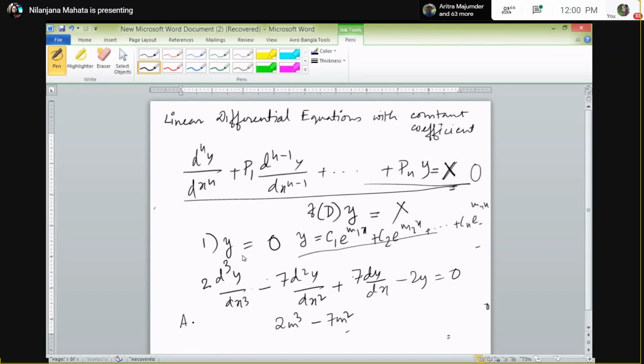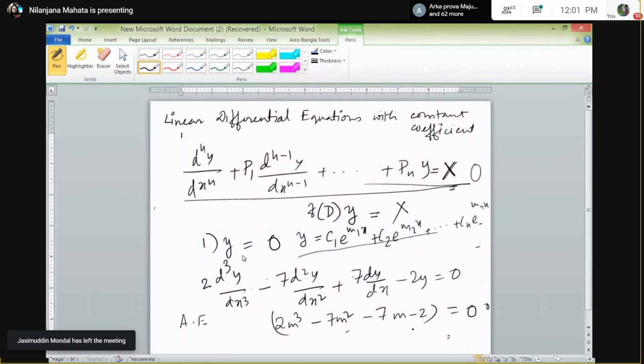This auxiliary equation is 2m^3 ... = 0. And what will be your factorization? Your factorization will be equal to, okay, tell me, factorize and tell me what will be the value of m.